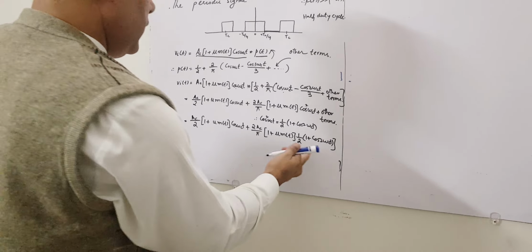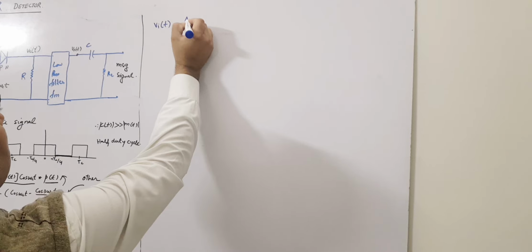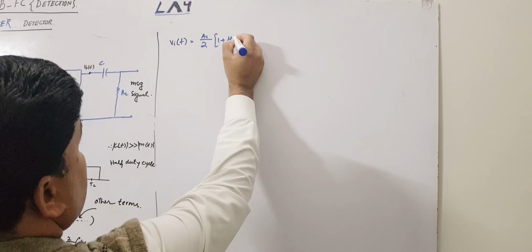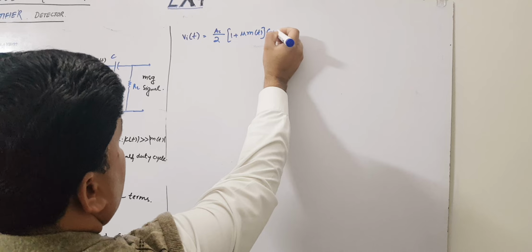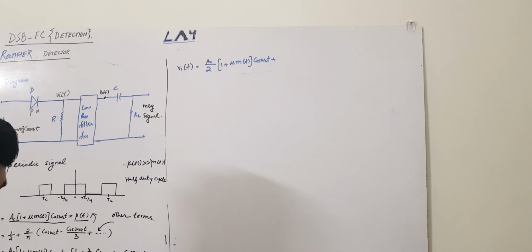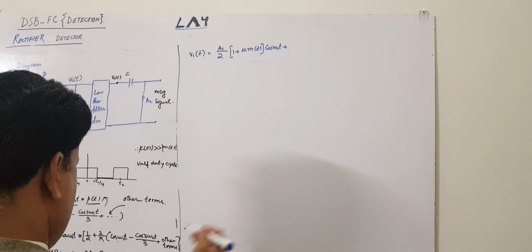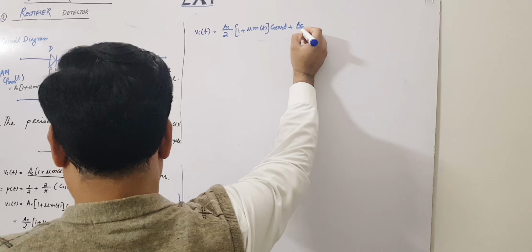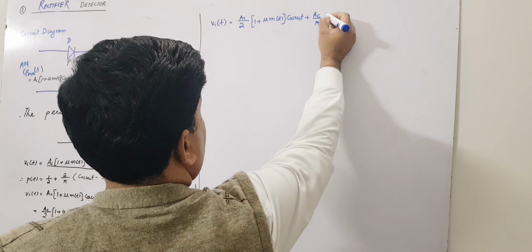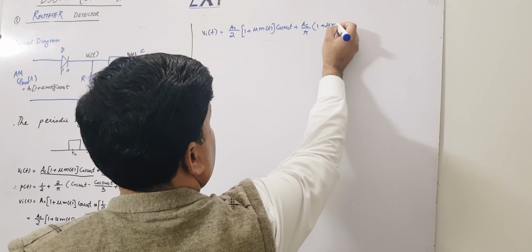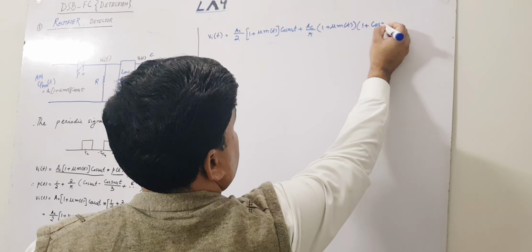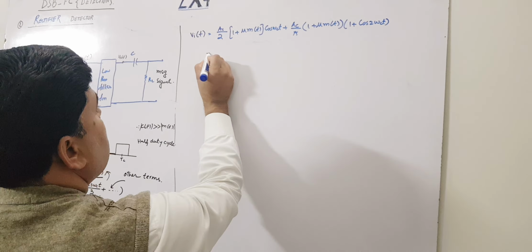We can again rewrite that. Vi(t) is equal to Ac by 2 times (1 + mu m(t)) cos omega_c t plus Ac by pi times (1 + mu m(t)) times (1 + cos 2 omega_c t).